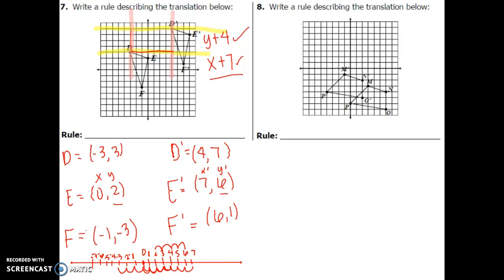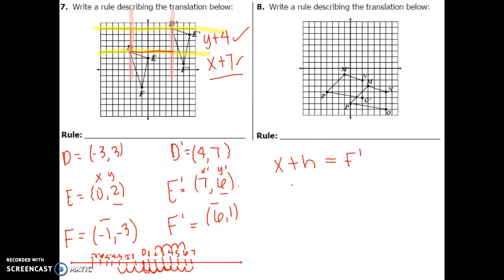So for example, if we're doing our F, we went from -1 to a 6. So remember, our rule says our X plus something is going to give you your prime, right? So this would be your F prime. So I'm going to do the X of my F, my pre-image. Let me erase this really quick.